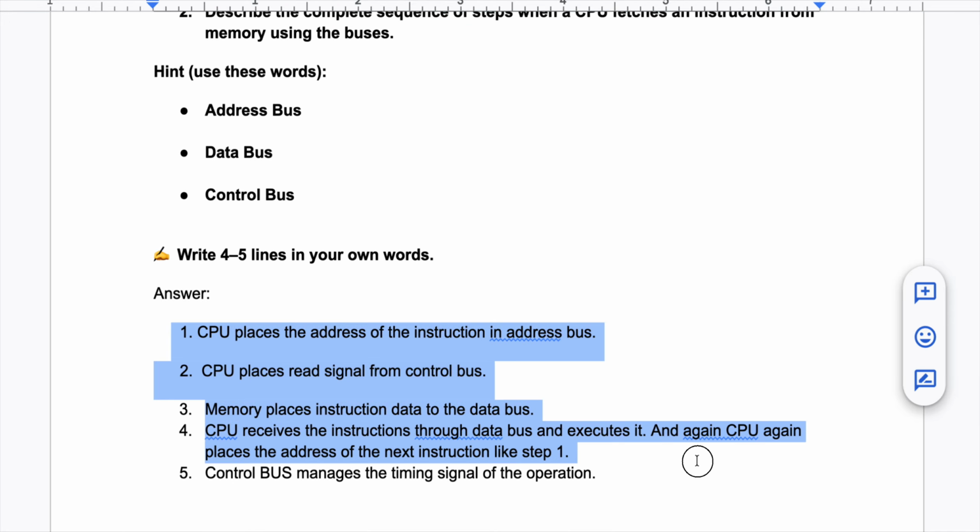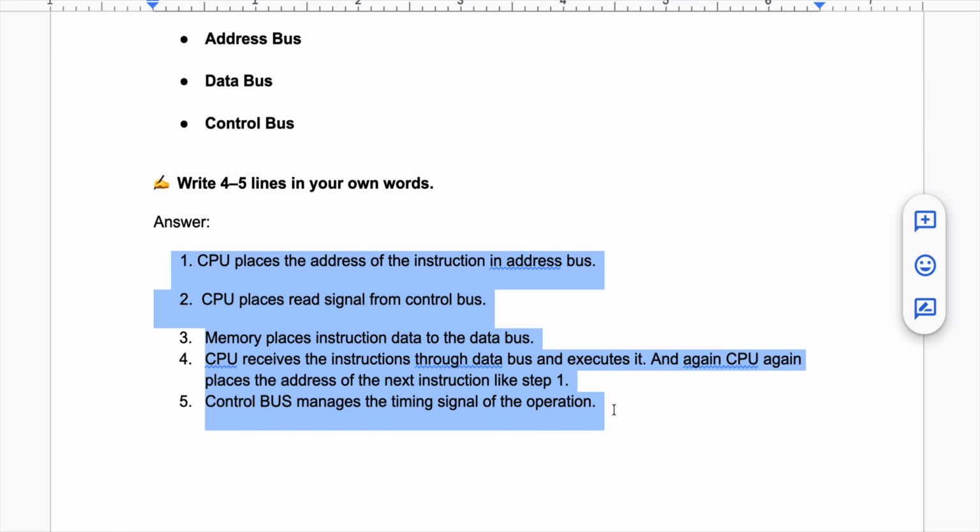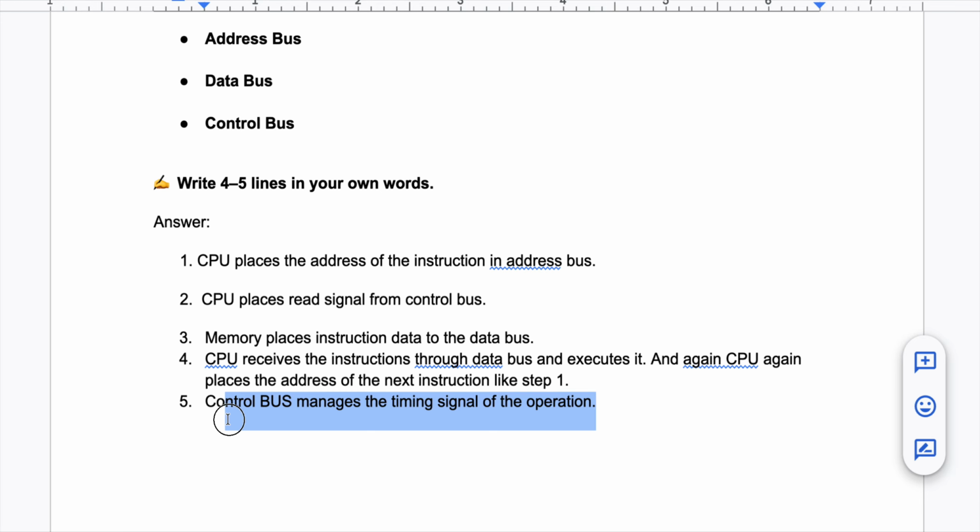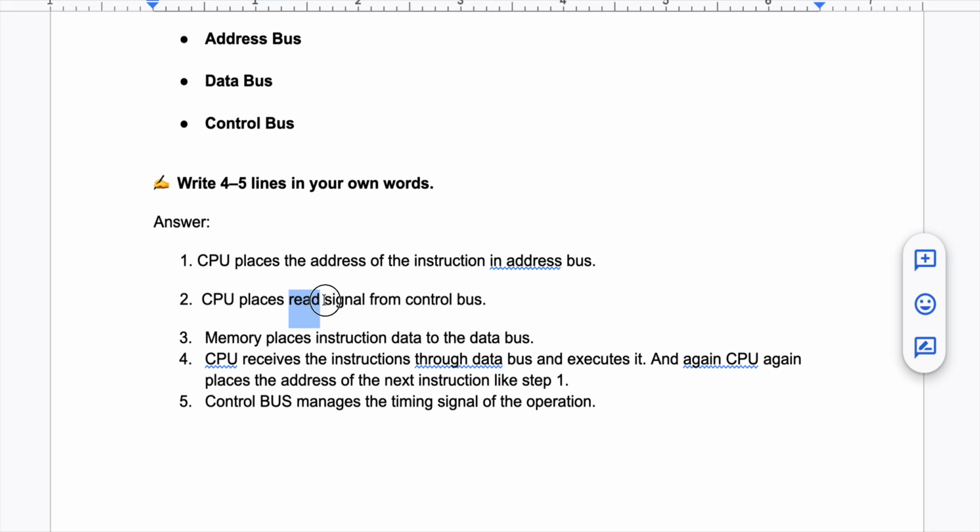I've already explained that as well, and I think I missed this one: whenever we put the address into the address bus, we are also sending a signal, like a read signal or write signal, from the control bus. So on a read, the memory will return the value.